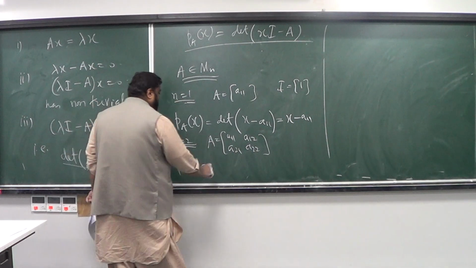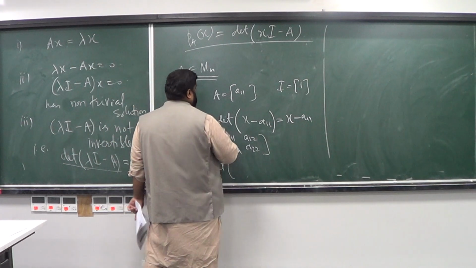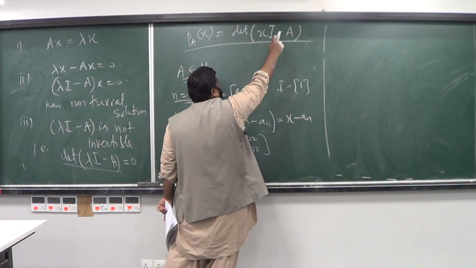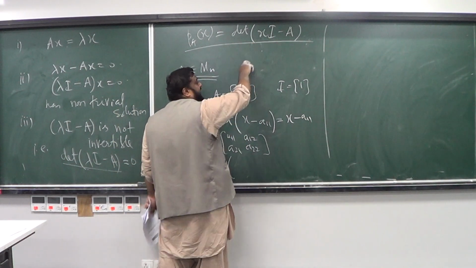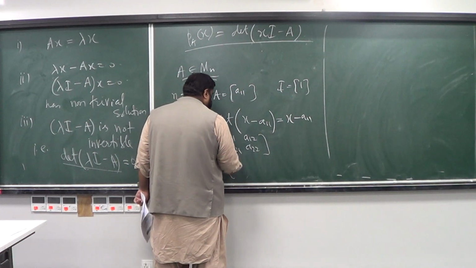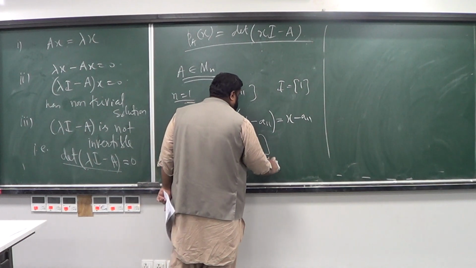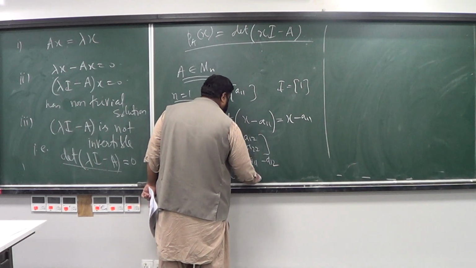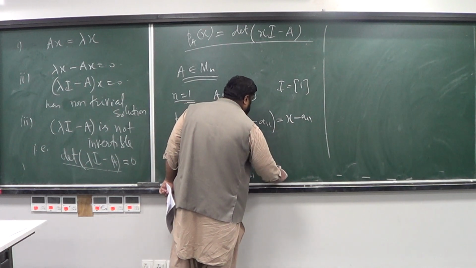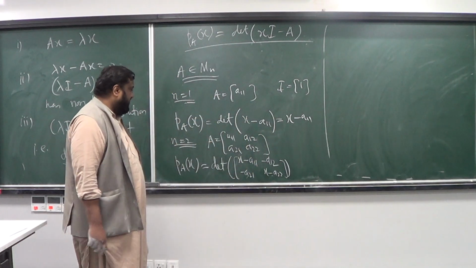It is going to be the determinant of the matrix xI minus A. I is 1, 0, 0, 1, so xI means x, 0, 0, x. So it is going to be the matrix with entries x minus A11, minus A12, minus A21, and x minus A22.